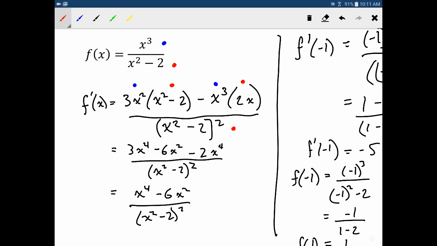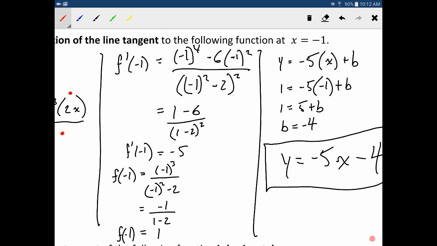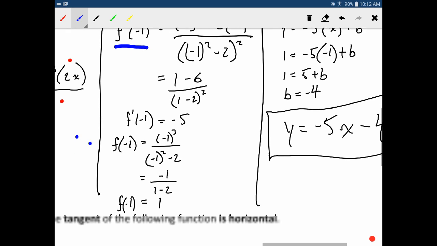So once we've done that, what we're going to find is the slope. We're interested in the point at x equals -1, so we can find f prime of -1 by subbing -1 into the derivative function here. So we've got f prime of -1, and we find that it equals -5.